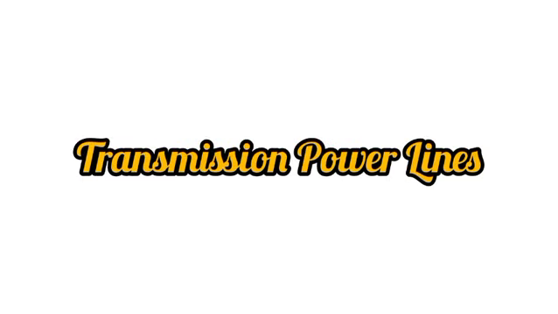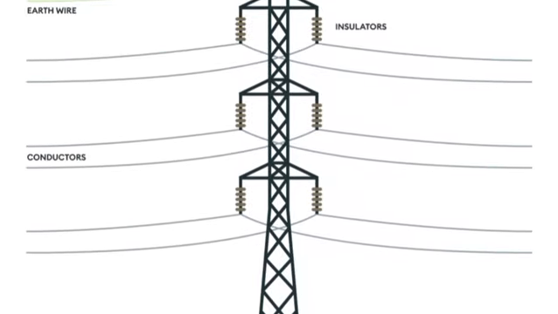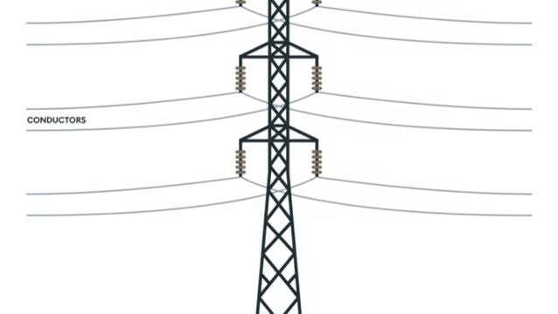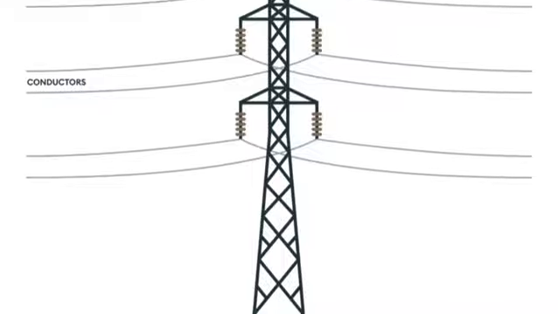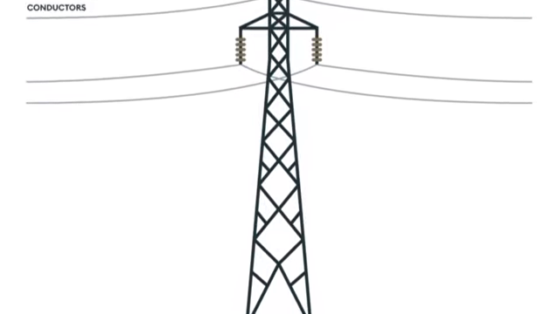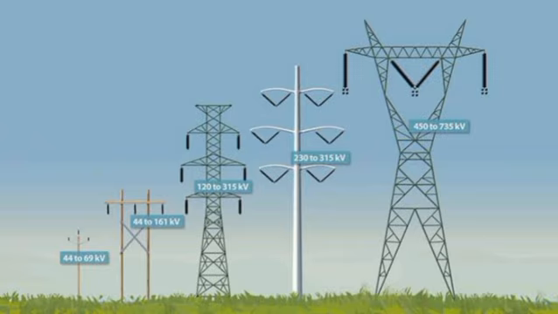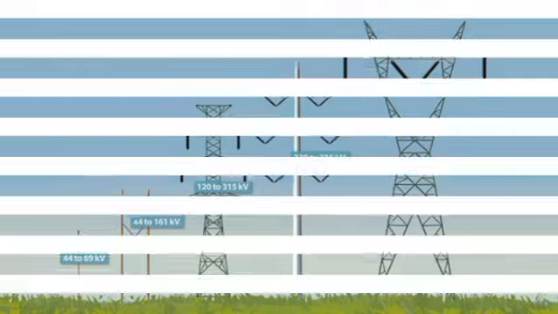Transmission power lines. Transmission power lines carry bulk electricity from the generating power station to a number of substations. Key functions and features include: voltage levels of 132 kV, 220 kV, 400 kV, 500 kV or higher.